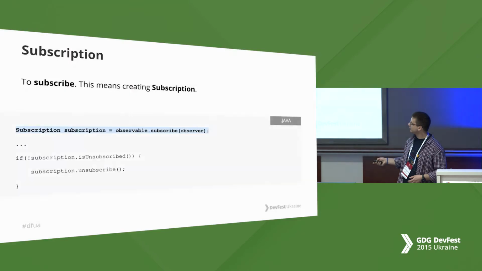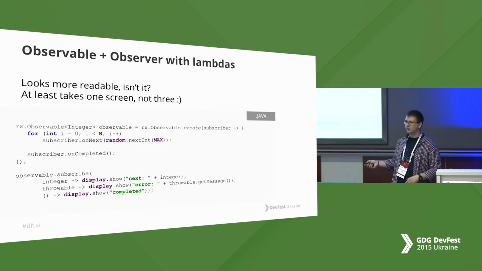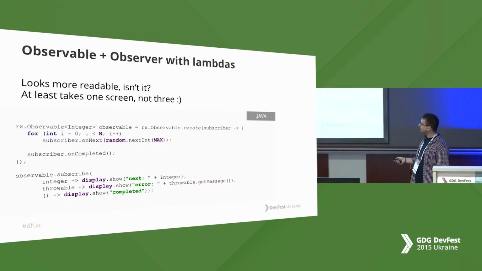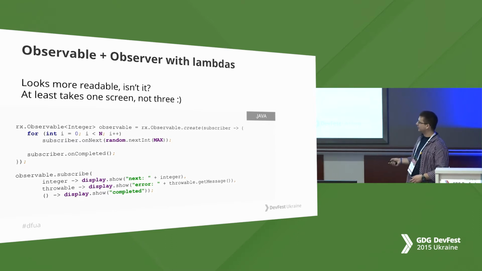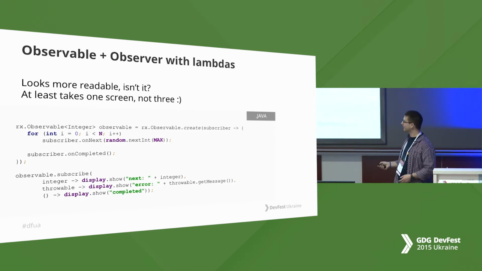You saw a lot of boilerplate here, a lot of code that we will use, but using lambdas it looks better. You can call subscribe and put there not different callbacks and not different classes, but simple functional-style one-line expressions that give us the same logic.